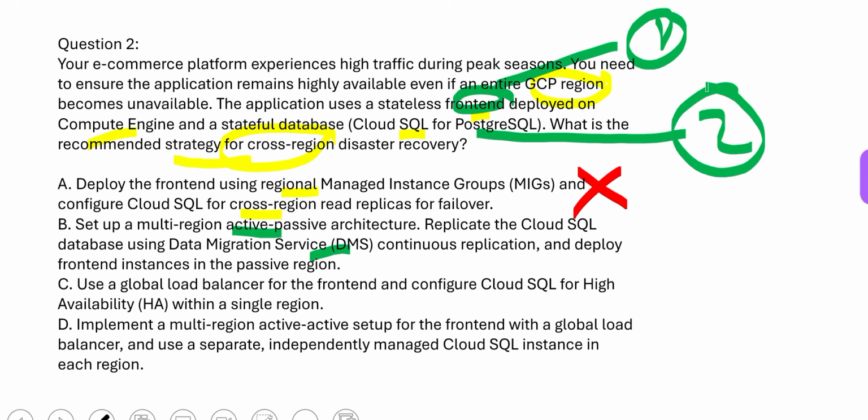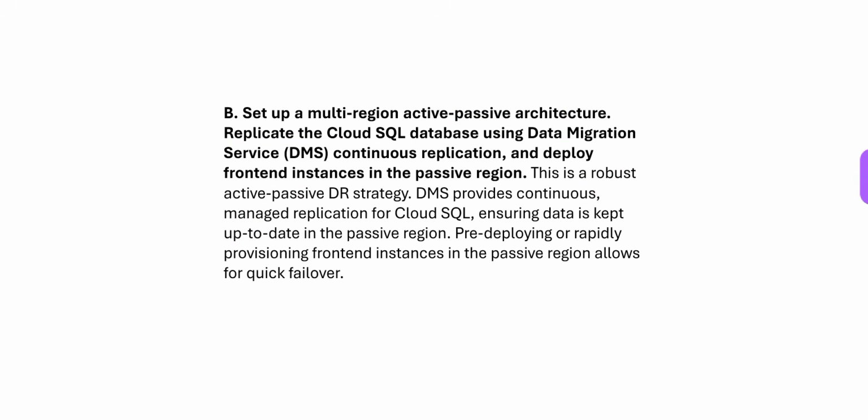So point two has been taken care of. What about point one? Point one says you deploy front end instances in a passive region. So this takes care of both. This is a robust DR strategy. DMS provides continuous replication, and pre-deploying provisioned front-end instances in the passive region allows for quick failover.